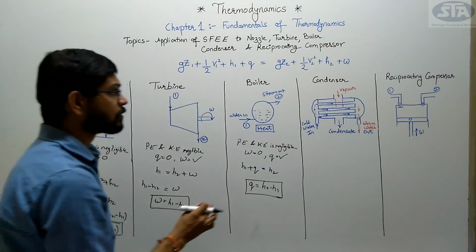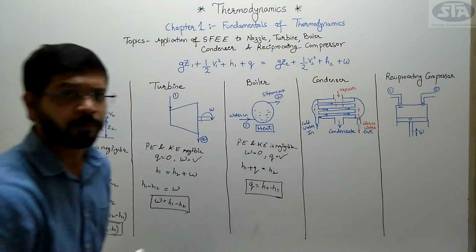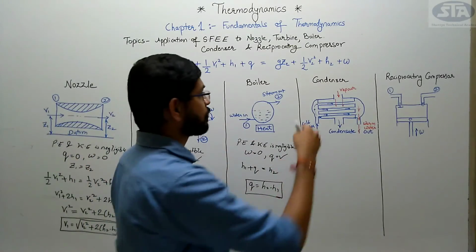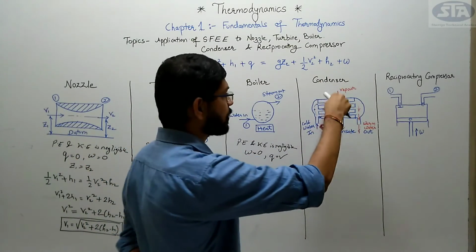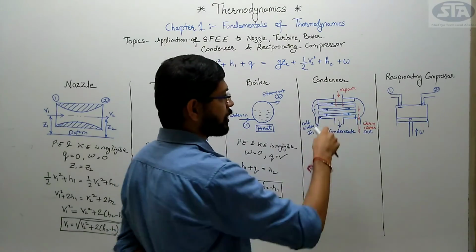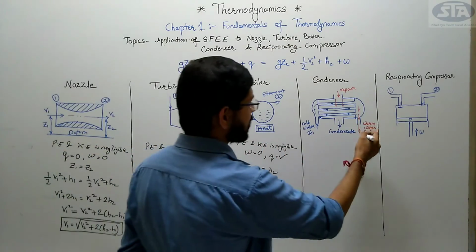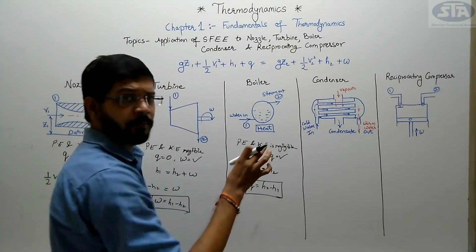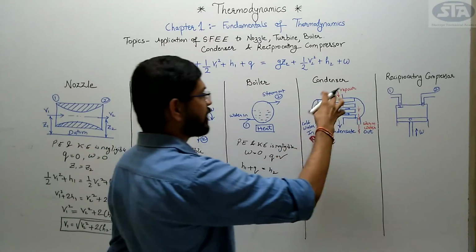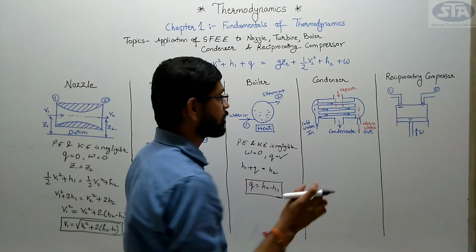Okay. Moving to the condenser, what does a condenser do? It condenses the vapor which is coming from the turbine, and we use this heat to make the water warm in the boiler. We are extracting heat, so this is a heat extracting device, you can see.